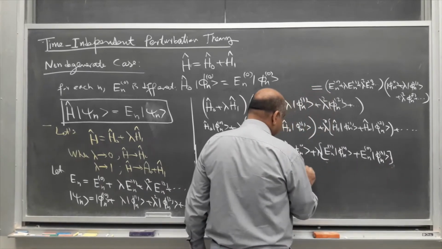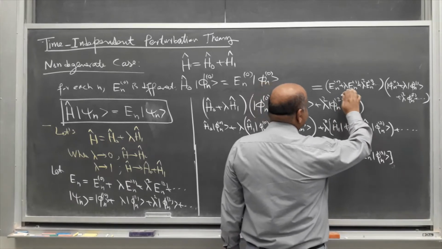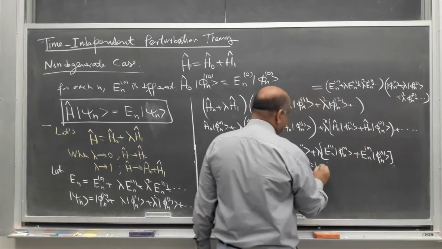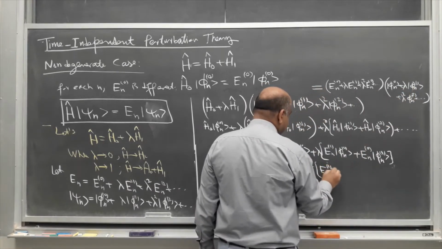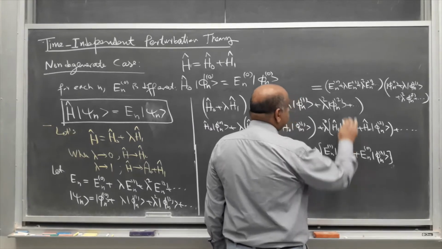Plus, let's see what are the lambda square terms. So this multiplies with this, it is En1 phi n1.